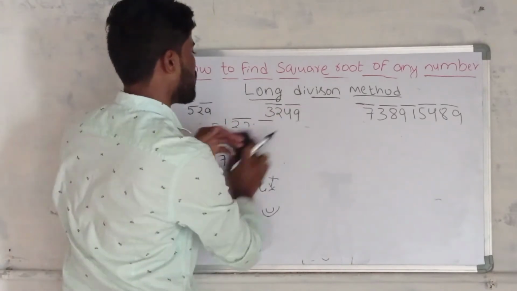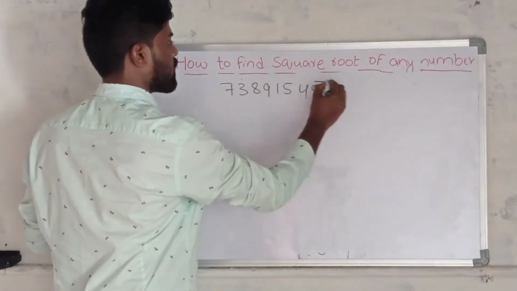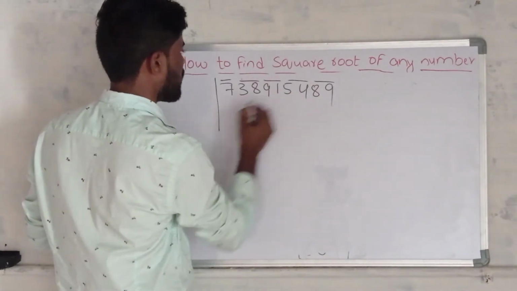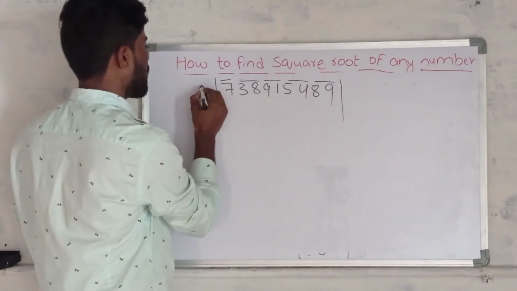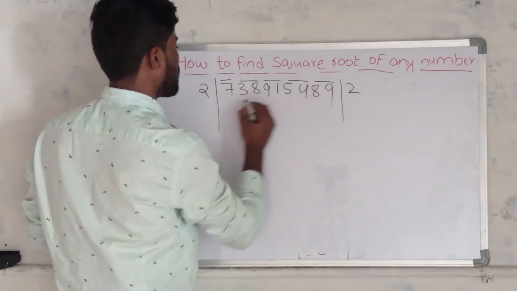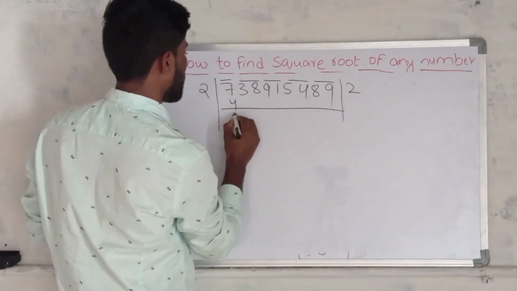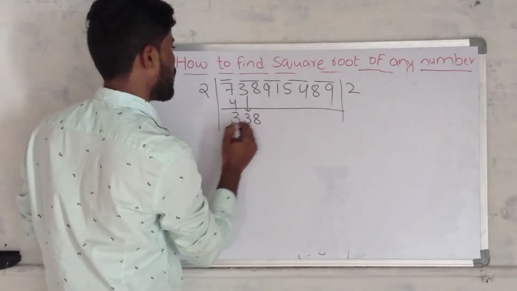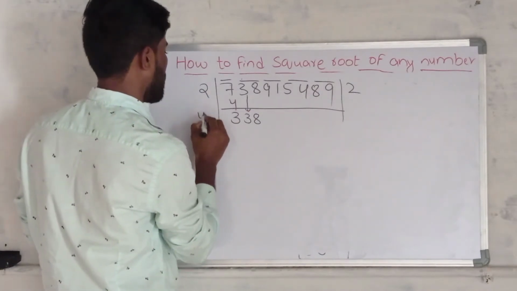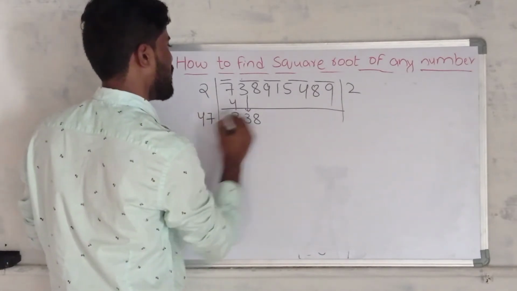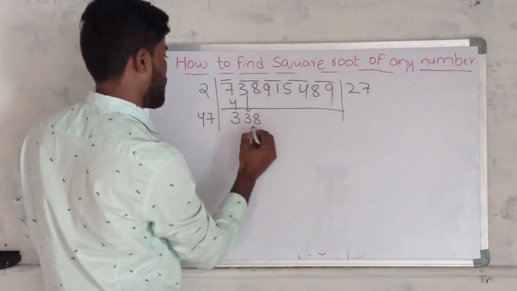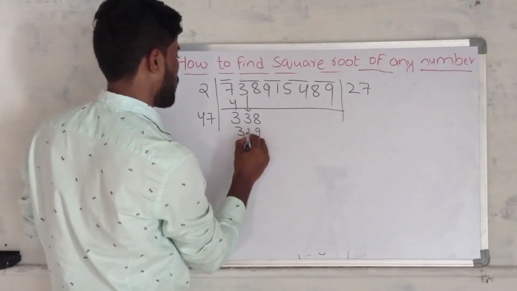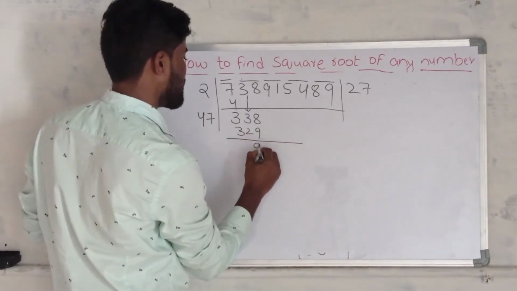Now we will solve the square root of this larger number. First we divide the first group: 2 multiplied by 2 is 4, remainder 3. Next we bring down the next group. 2 into 2 is 4. 47 multiplied by 7 is 329, remainder 9.